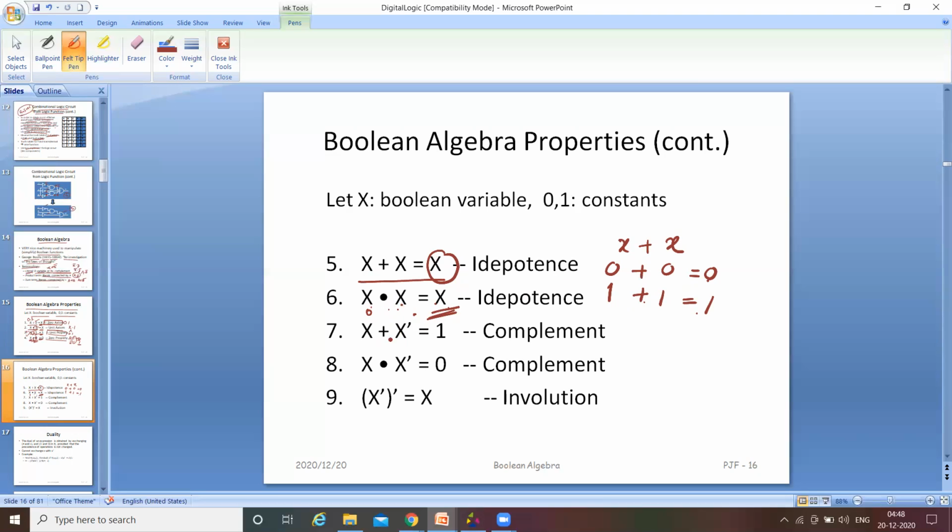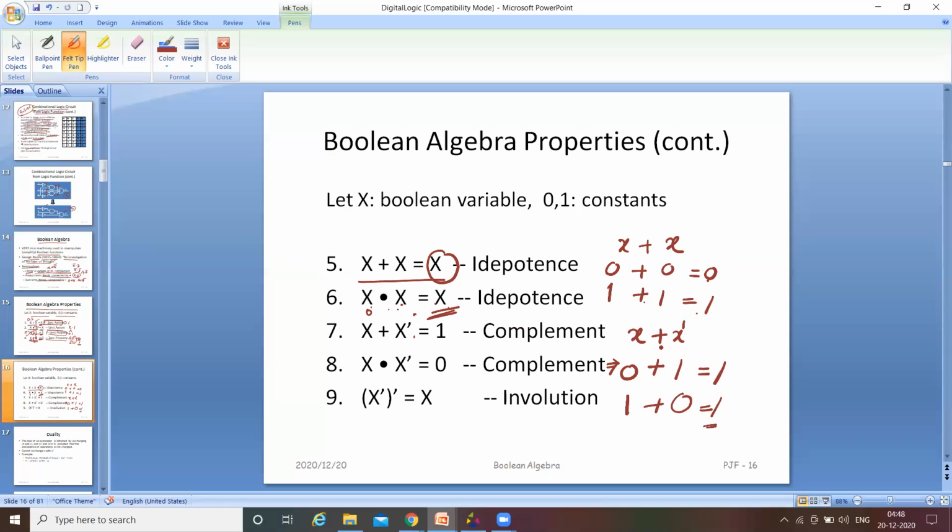Next, x plus x bar. Consider x is equal to 0. This is 0 plus x bar, which will become 1. 0 plus 1 is equal to 1. Next, consider x is equal to 1. 1 plus x bar, the complement of x, is 0. So 1 plus 0 is also 1.